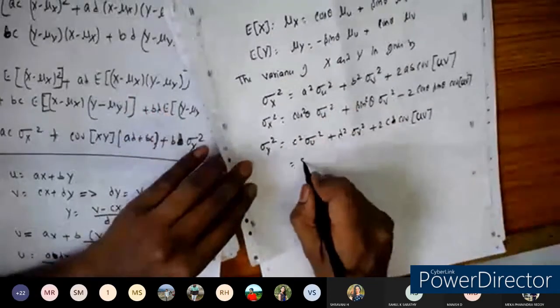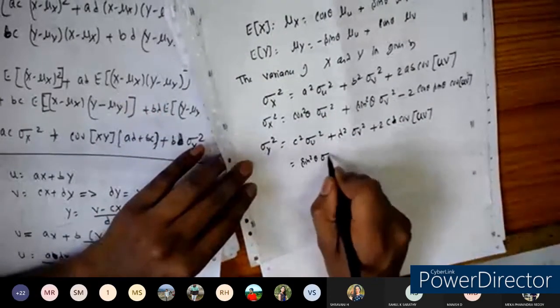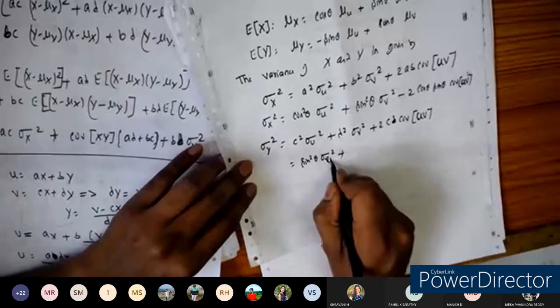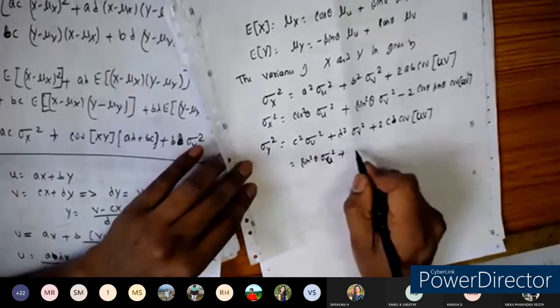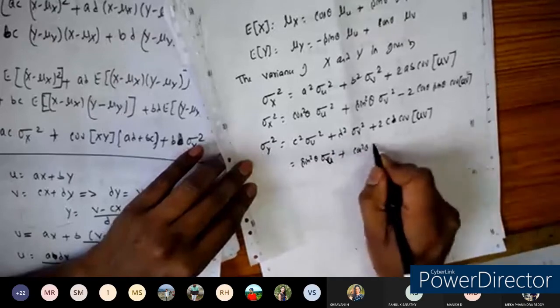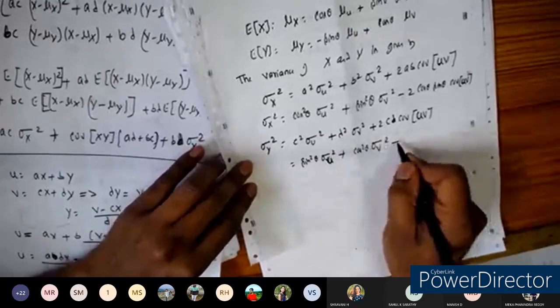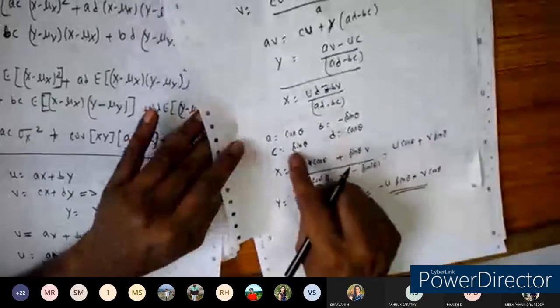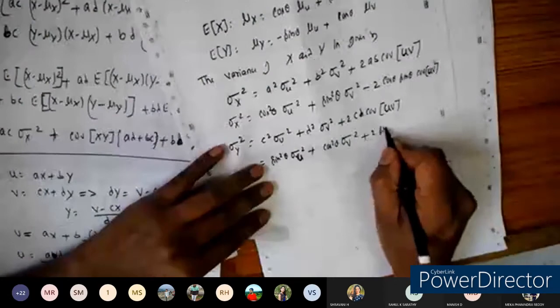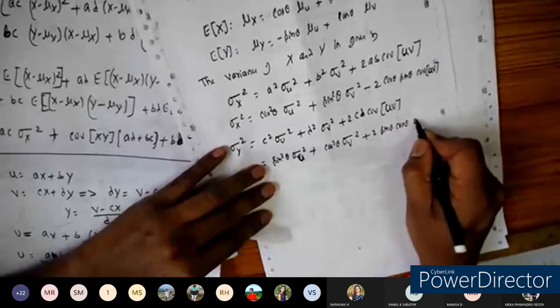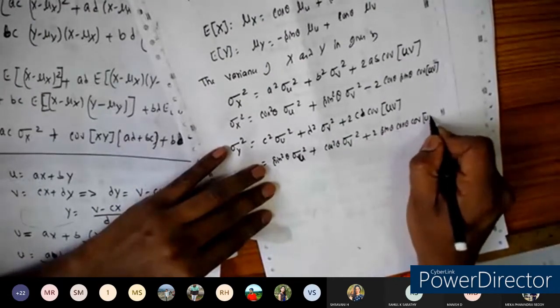So it is sin square theta into sigma u square, and cos square theta into sigma v square, plus 2 sin theta into cos theta into the covariance of u and v. Both are positive here. So that one we get here. Done.